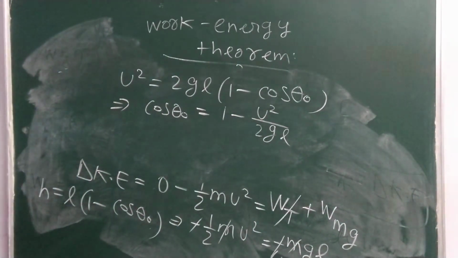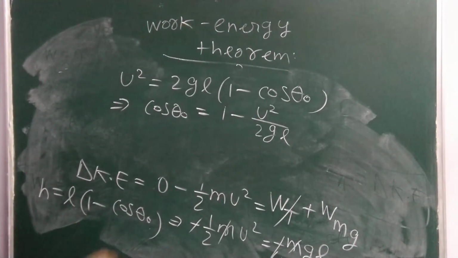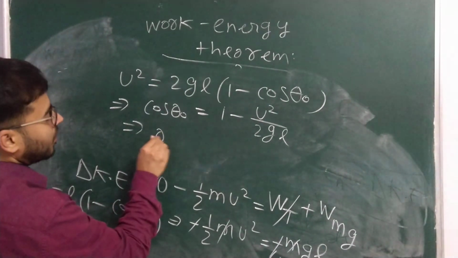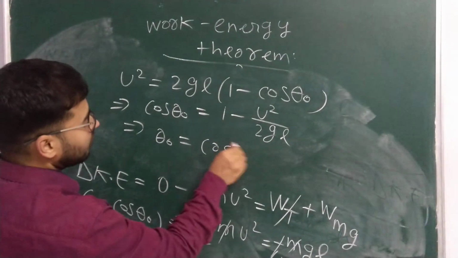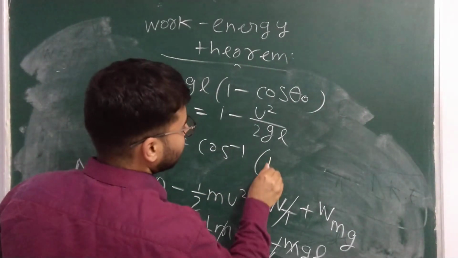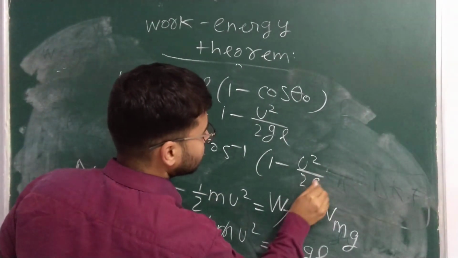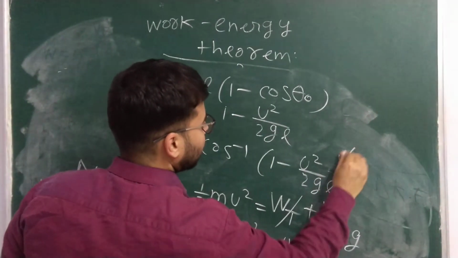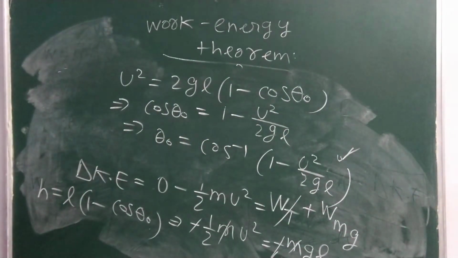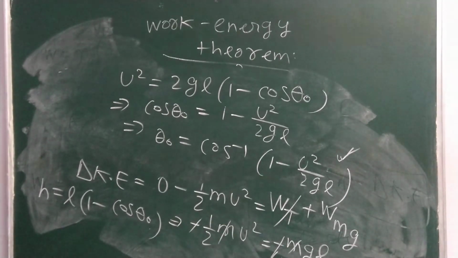Yes or no? Right? So from here theta naught is equal to cos inverse of 1 minus u square upon 2gL. And this is the angle, maximum angle till which the bob is going to go.